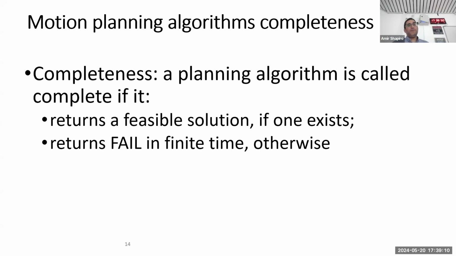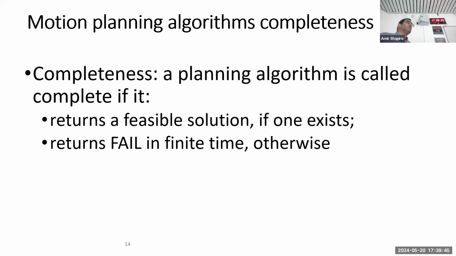Another key property of an algorithm is its completeness. We say that a planning algorithm is complete if it returns a feasible solution if one exists. So it finds a path if there is a path, and if there is no path, then it returns a fail message in a finite time.